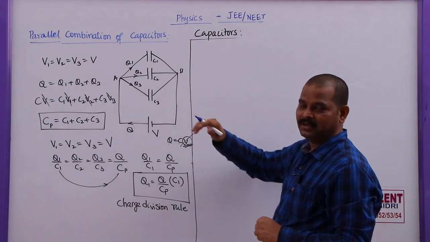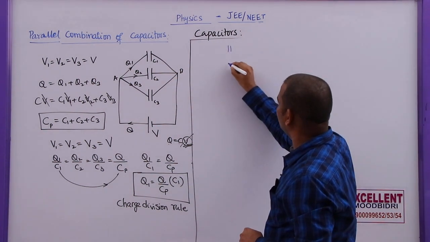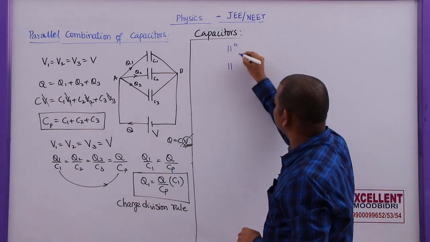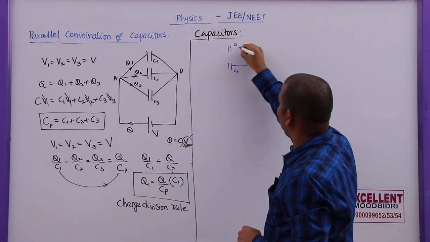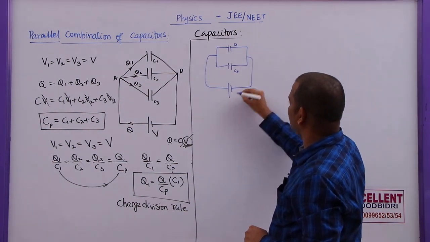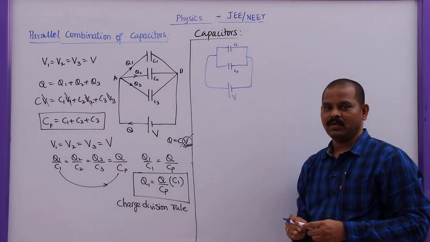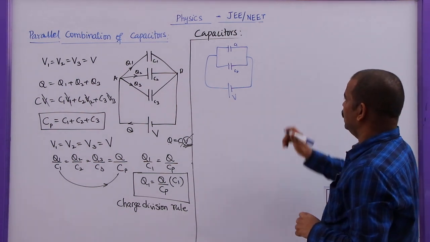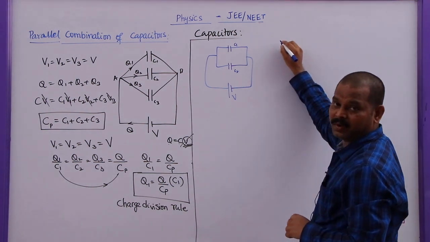Instead of 3 capacitors, let me take only 2 capacitors of capacitance C1 and C2 connected in parallel, and this combination is connected to a cell of potential V. So, now what are the effective capacitance and potential drop across this one?